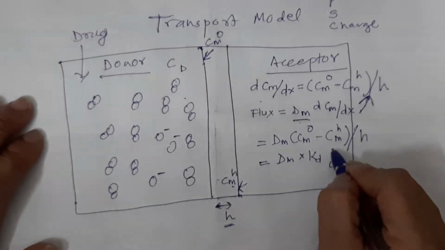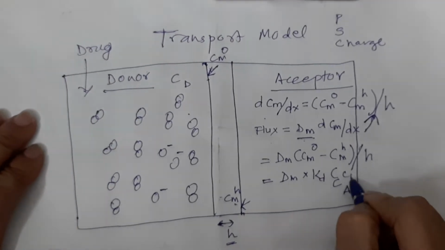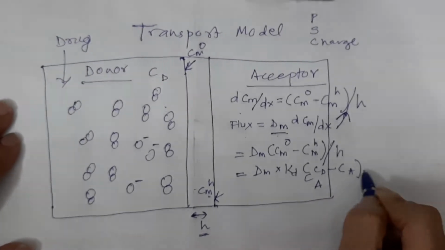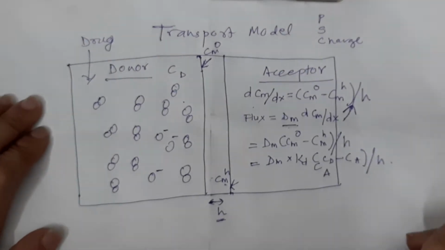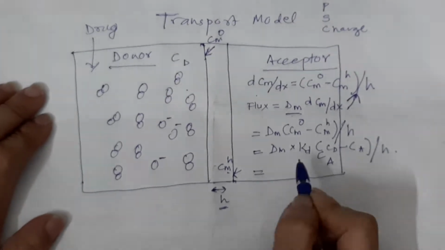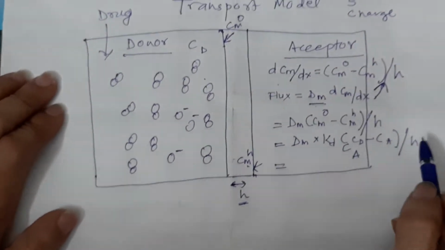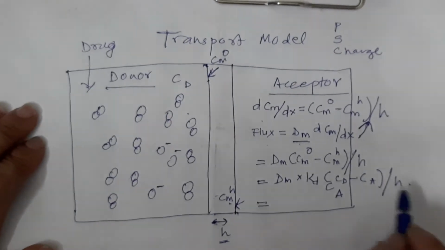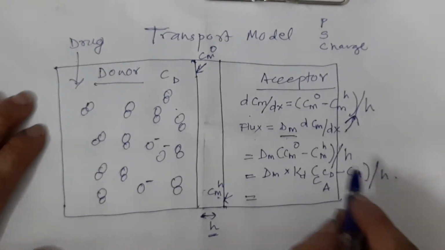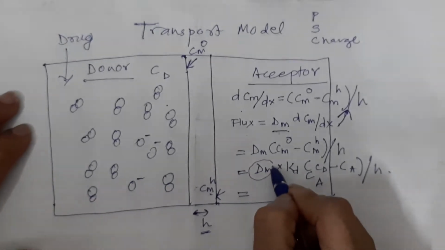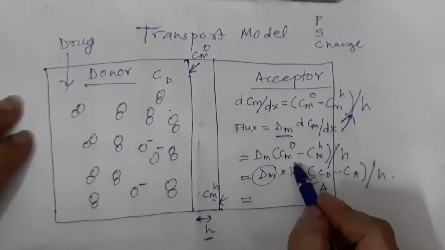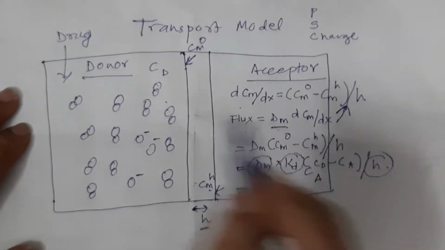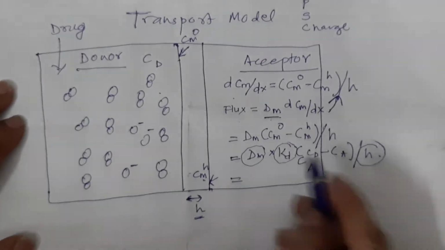So that constant is involved here, and the concentration in the donor compartment minus the concentration in the acceptor compartment, divided by H. Now you can see in this equation for the flux, so many constants are involved: diffusivity, the partition coefficient of the drug, and the thickness of the membrane. All these are constant terms.